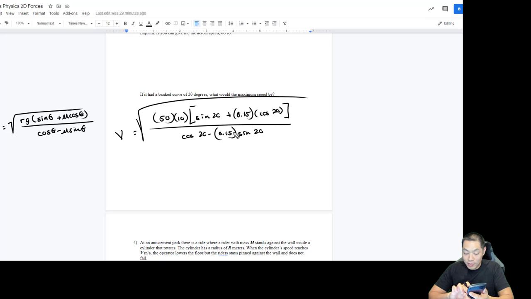So we have sine of 20 plus 0.48, you have cosine of 20 minus 0.15.